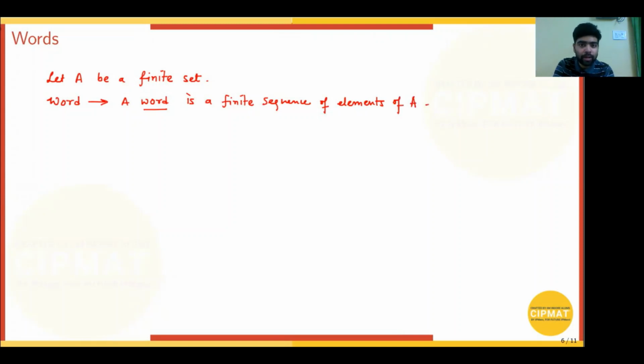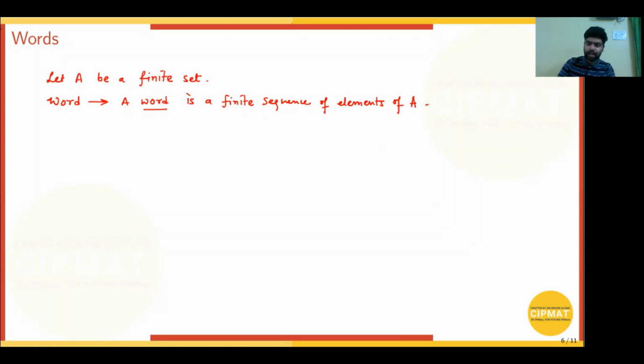I will assume that you have the basic idea of set theory and you have also learned the basic concepts of relations and functions in school before. With the help of those concepts, we will be learning today's concepts.